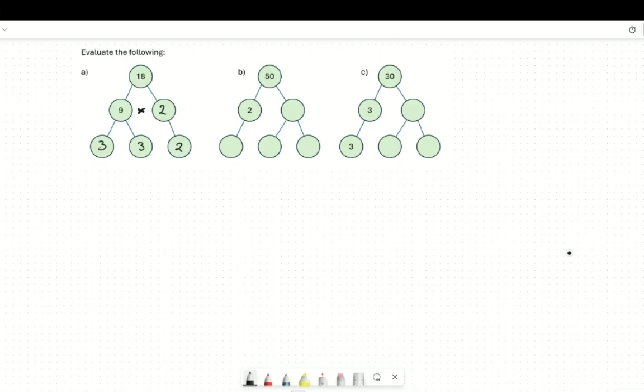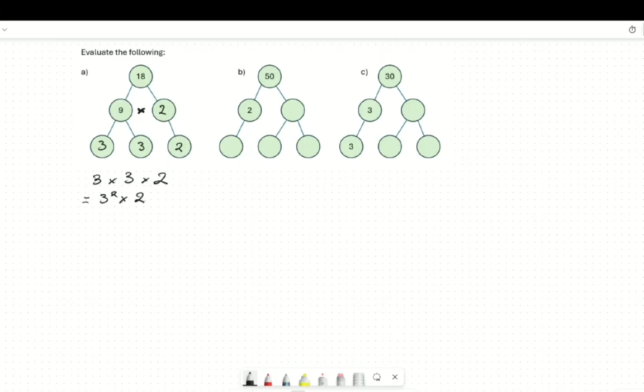So when we do prime decomposition, we end up rewriting the original composite number as a product of its prime numbers. This can be simplified further using index form: 3 to the power 2 times 2. Super simple. This is helpful for finding lowest common denominators and highest common factors.